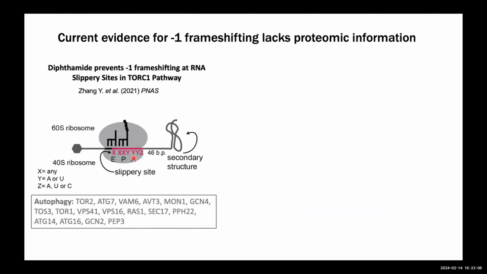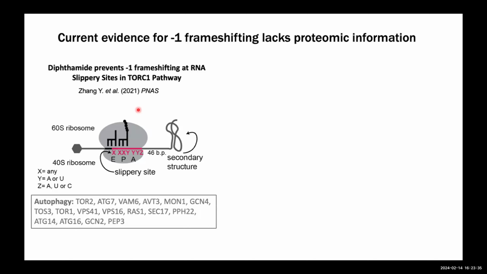And there have been some initial studies that have supported this hypothesis. For example, a paper published in 2021 computationally predicted various mRNA slippery sites throughout the yeast transcriptome. And they then went on to test a few of these sites in yeast that either had diphthamide or had diphthamide knocked out.